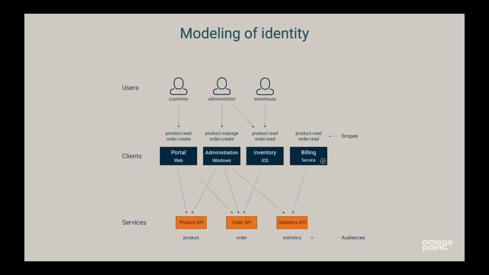So in our example, we can see that someone working in the warehouse has permission to use the inventory app to read orders, but not to create any. From that we can identify suitable audiences and claims by looking at the arrows. Where audiences are used to group services, and by that answer the question, is this ticket meant for me as a service?